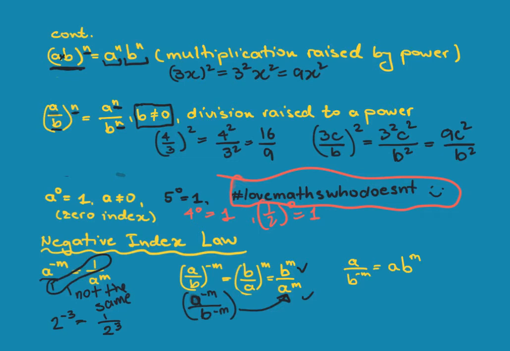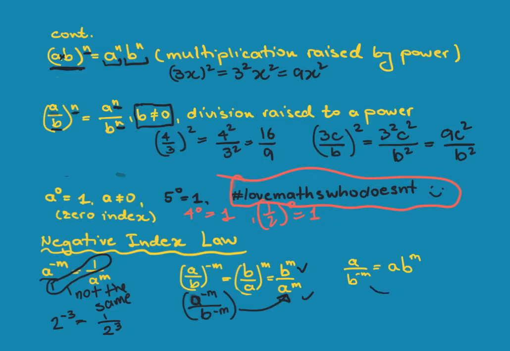There's not enough space. And now the next one, we have a divided by b to the power of negative m. A is positive, we're not going to do anything with it, but we're going to move b to the numerator. Because it's negative in the power in the denominator, it becomes positive. Again, I'm going to add something here as well.